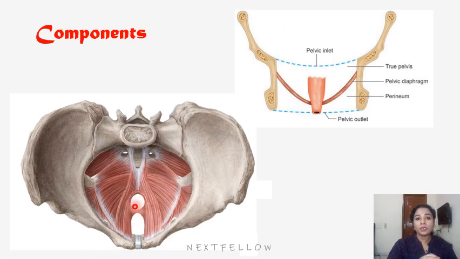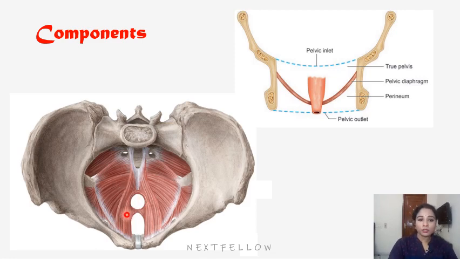One is for the gastrointestinal tract and urogenital tubes which pierce through it and make these two hiatuses. So the two hiatuses are, anteriorly, the urogenital hiatus, through which the urethra and vagina pass in females, and in males only the urethra passes through. And posteriorly the anal hiatus, we can see this is the posterior side anal hiatus through which the anal canal passes.